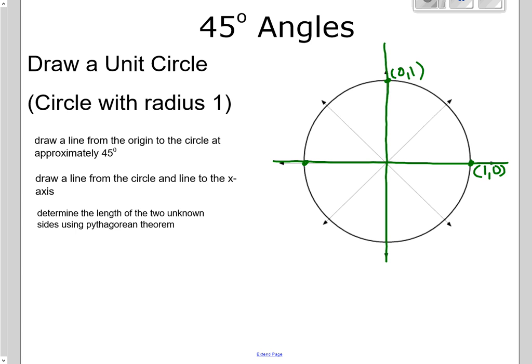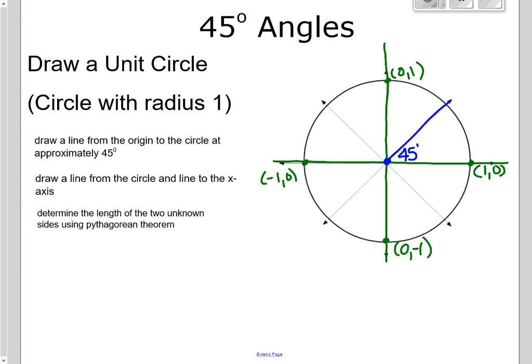This point right here is at -1, 0, and this point down here is at 0, -1, and then you just draw a circle around it. Okay, so draw a line from the origin of the circle at approximately 45 degrees. So we're going to start here. I'm going to draw this nice triangle out, and I know this is 45 degrees.